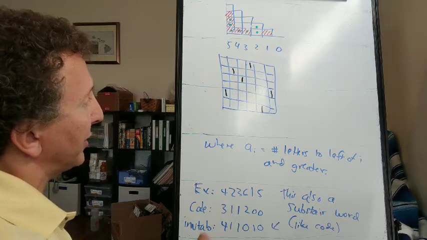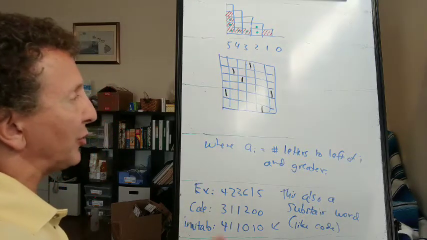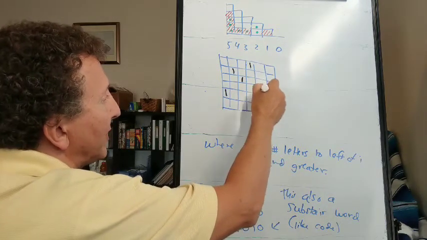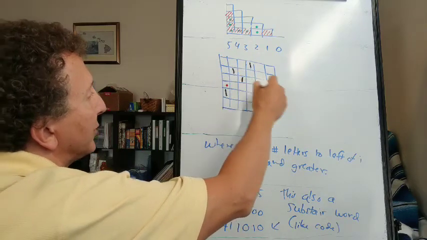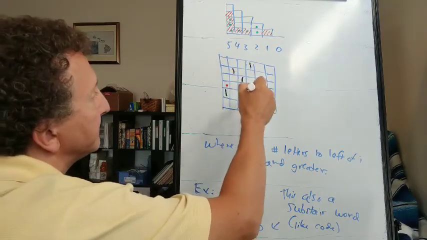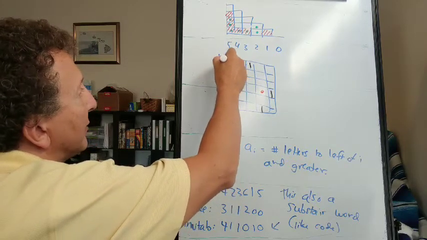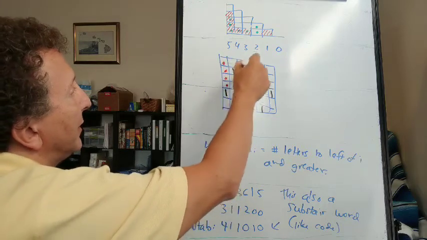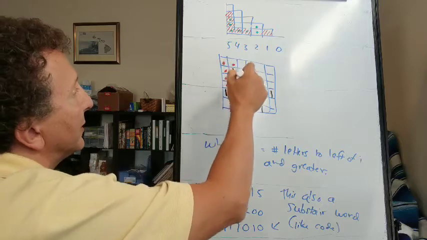Then we're going to put a dot in every cell that has a 1 to its right and a 1 below it, like here. So there's a 1 to its right and a 1 below it. Here, this has a 1 to its right and a 1 below it. This does 2 and that does 2. All of these do because these all have 1s to the right and this one below it. Then this position has a 1 to its right and a 1 below it.